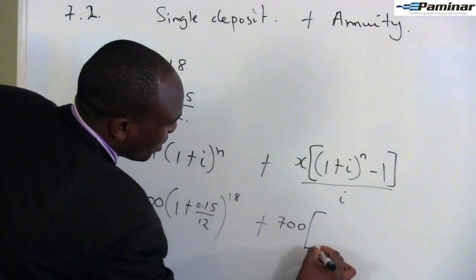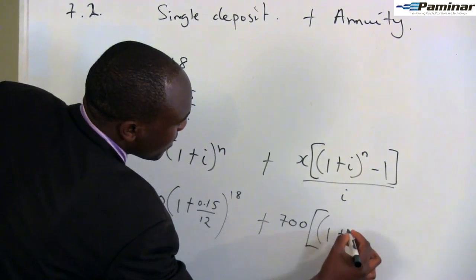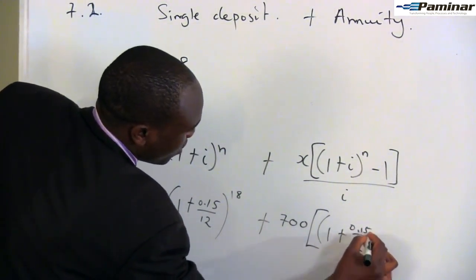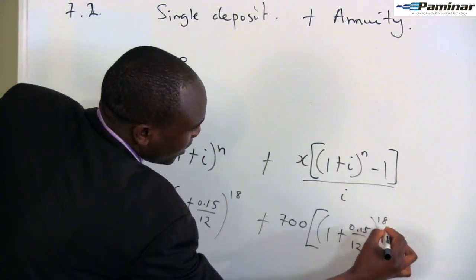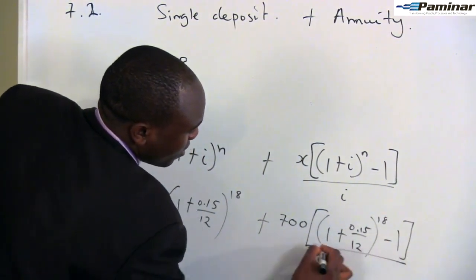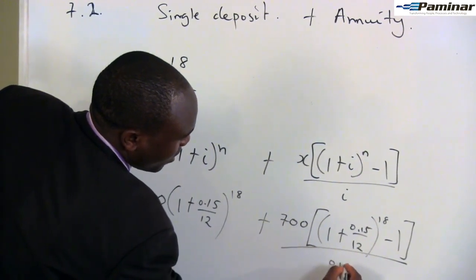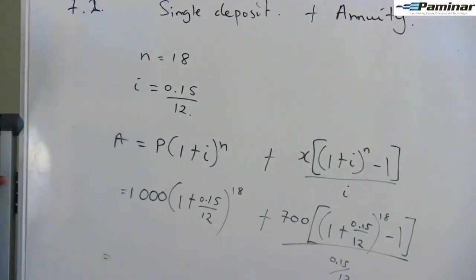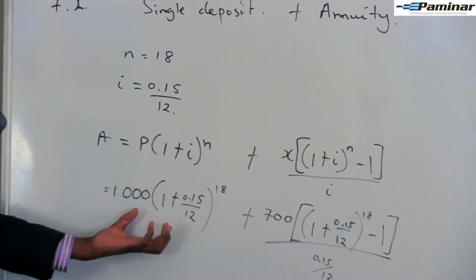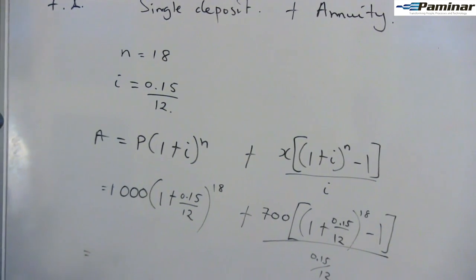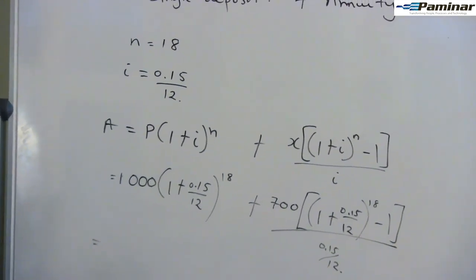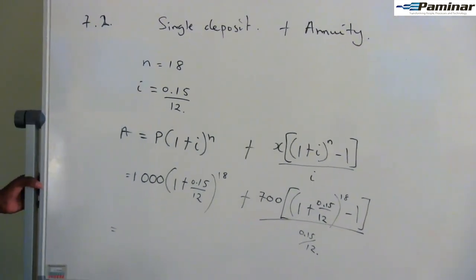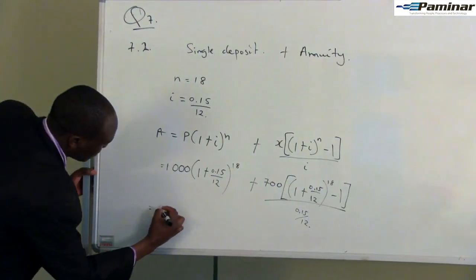And then in the big bracket, 1 plus, what is our I? 0.15 over 12, to the power 18, minus 1, all over 0.15 over 12. If you punch it into your calculator for the first one, you're going to get 1250.58.